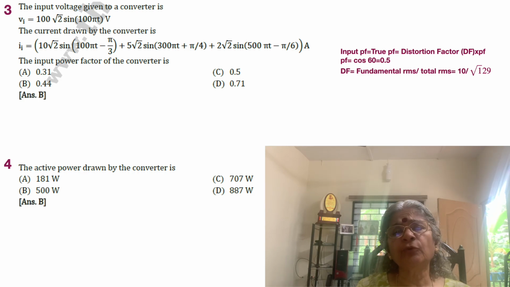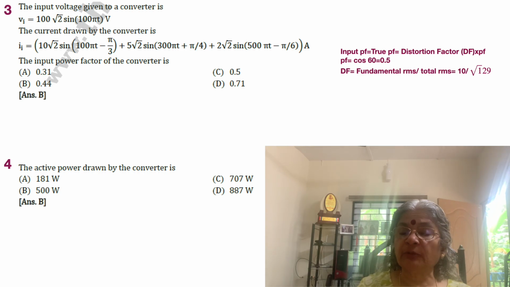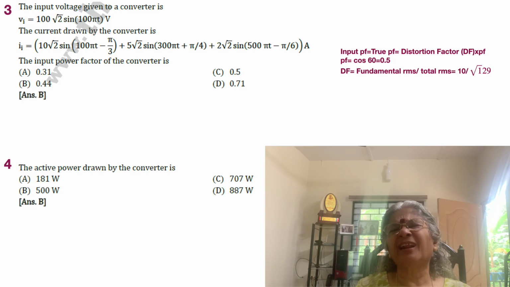The power factor from the fundamental is cos of the angular difference between the voltage and current, which is pi by 3 or 60 degrees. So cos 60 is 0.5 multiplied by 10 by near around 11, so it must be a little smaller than 0.5. Looking at the answers, 0.31 is too small, 0.5 is not true, 0.77 is too large. So B, 0.44, seems to be appropriate. Of course, we can take the numerical value and we'll see that we arrive at the correct answer.